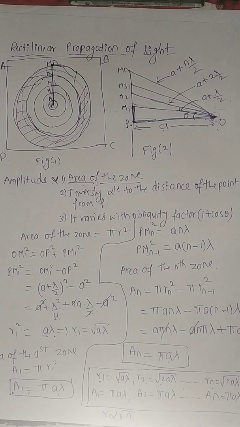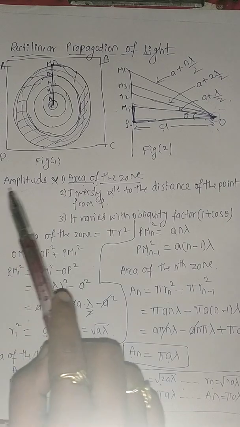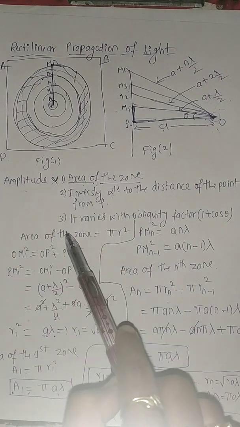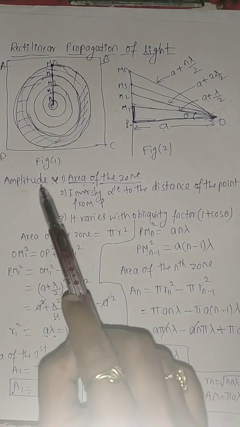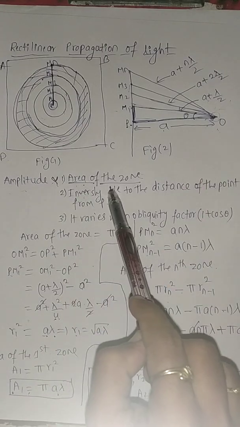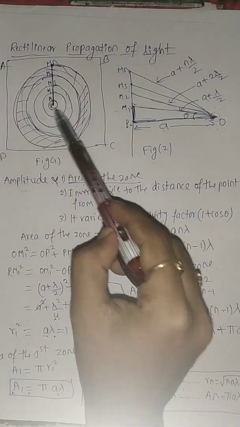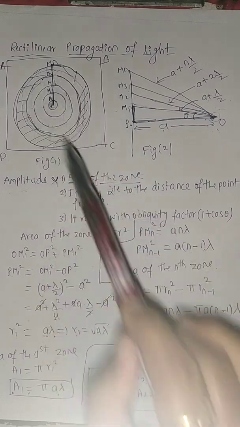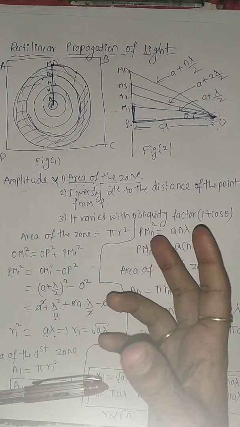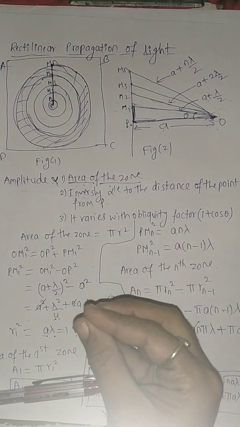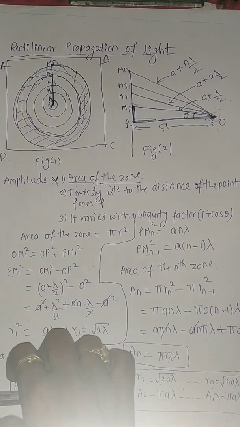Intensity is called amplitude. Remember, the intensity at a point O always depends upon three things. First, the intensity at point O depends upon the area of the zone, meaning this circular zone area. If the area is more, the intensity is maximum. If the area of the zone is less, then the intensity is less.